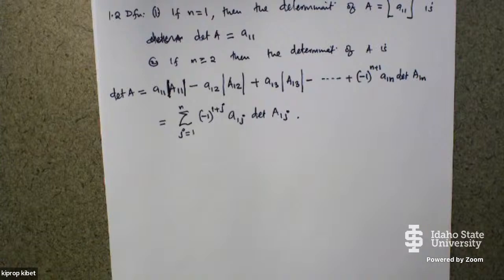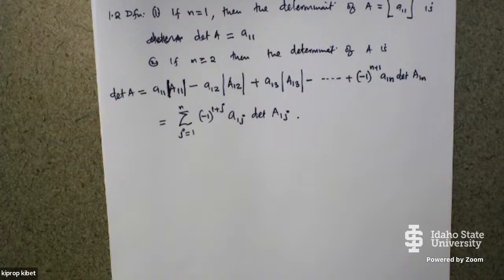If the exponent is even, then this one will be positive. If it is odd, then it will be negative. So finally, this is similar to the summation, so you add.